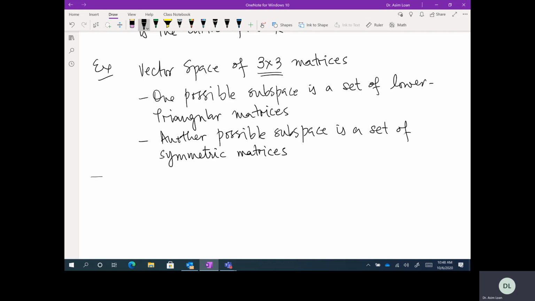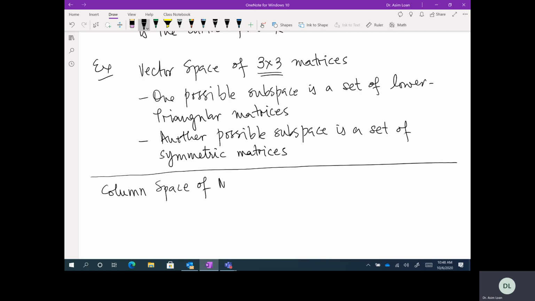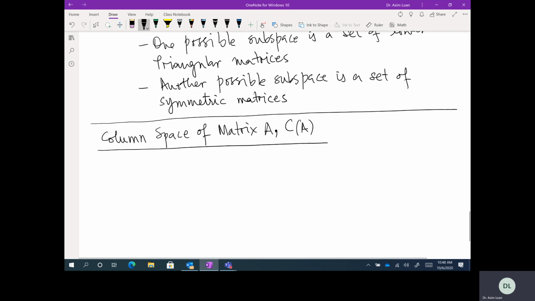So let's look at the first subspace, that is the column space of matrix A, and you call this C(A). Okay, fine. I'm not going to write column space of matrix A all the time, I'm just going to write C(A).